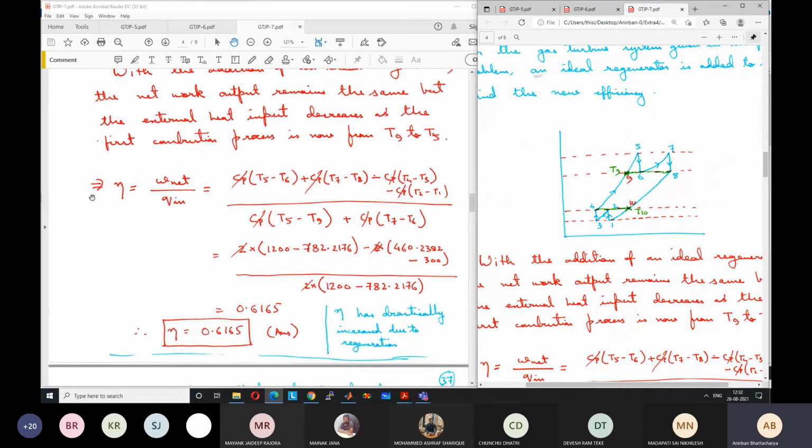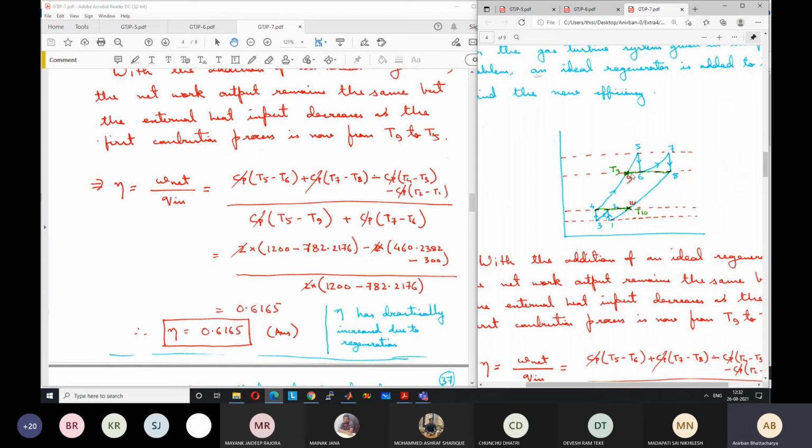Efficiency is W net by Q in. Top part remains same: Cp(T5 minus T6) plus Cp(T7 minus T8) minus Cp(T2 minus T1) minus Cp(T4 minus T3). And the heat addition is Cp(T5 minus T9) plus Cp(T7 minus T6). So only new thing is T9, as compared to previously.